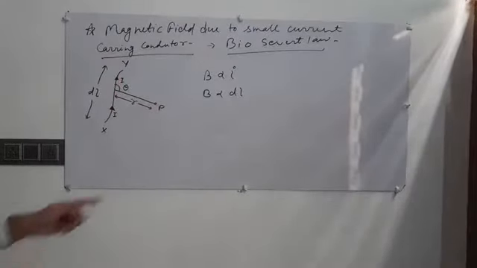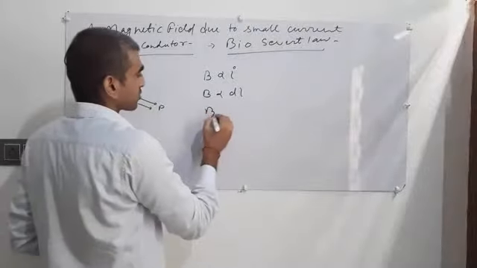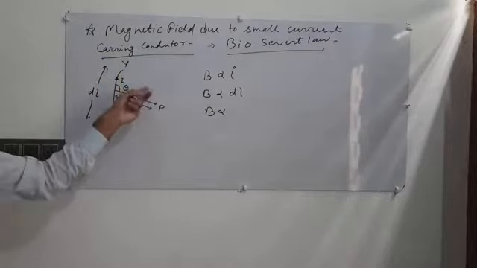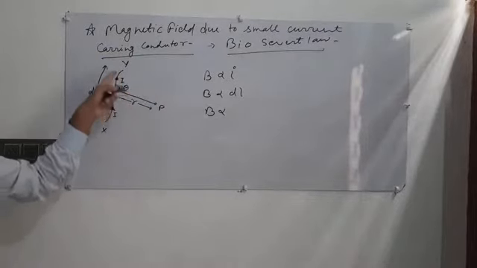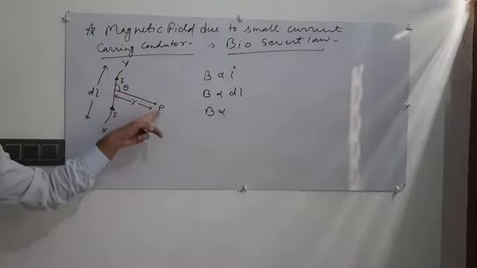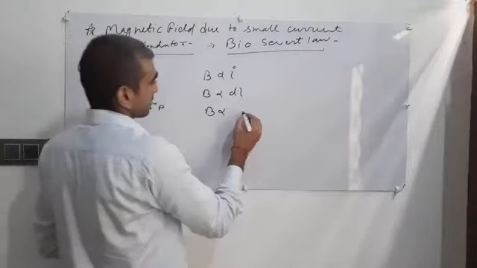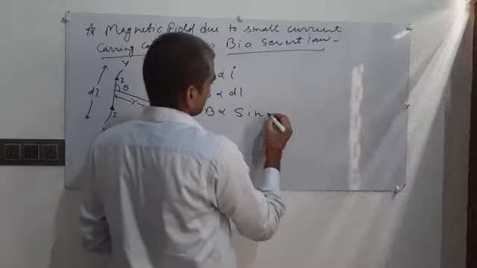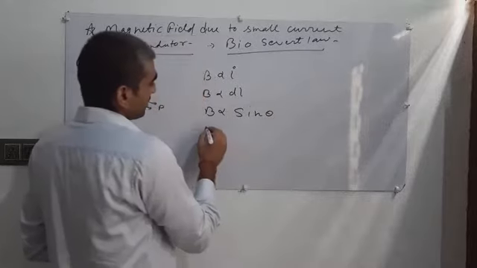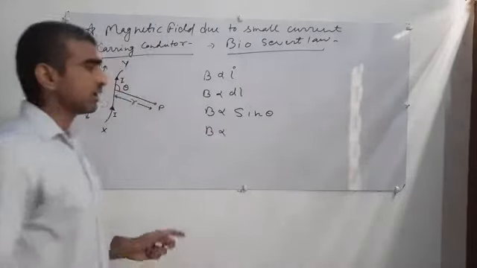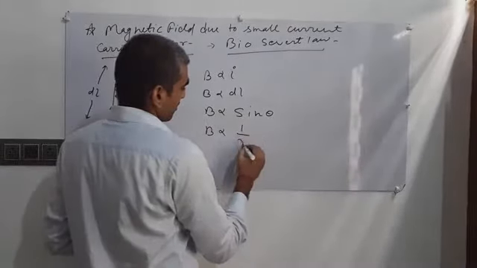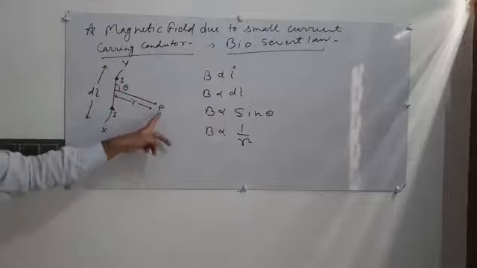The magnetic field is also proportional to the sine of the angle made between this conductor and the point P, that means sine theta. And B is inversely proportional to the square of the distance between the wire and the point.